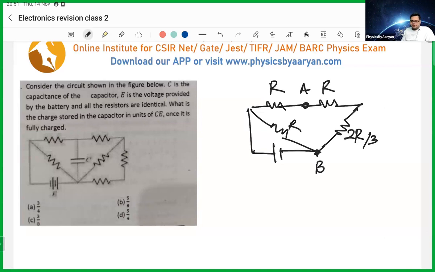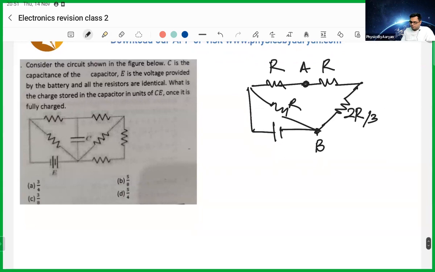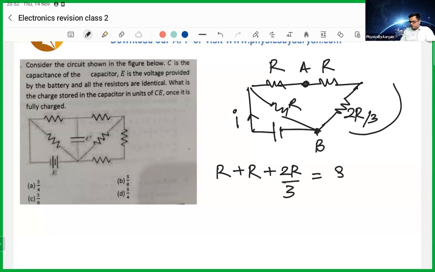So let's find the net resistance so that I can know how much current my battery is giving. These two are in series, this is also series, so these three are in series with each other. R plus 2R by 3 gives you 8R by 3.